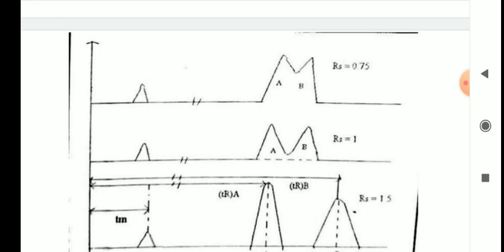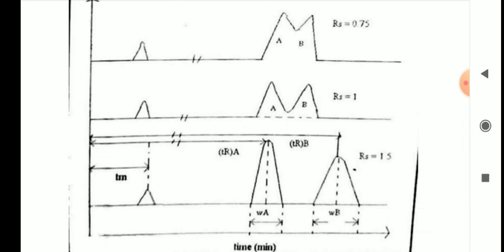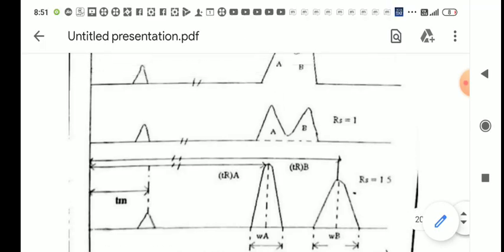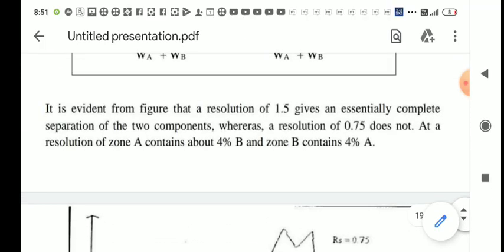But if the resolution is 1.5, then the peaks are well separated and there is only 0.3% overlap. It is evident from the figure that a resolution of 1.5 essentially gives a complete separation of the two components, whereas a resolution of 0.75 doesn't.